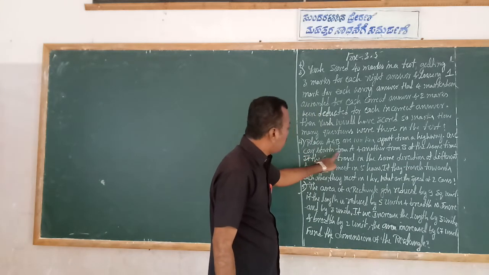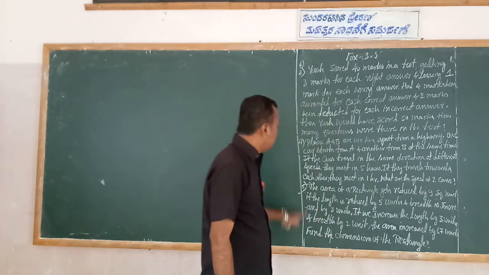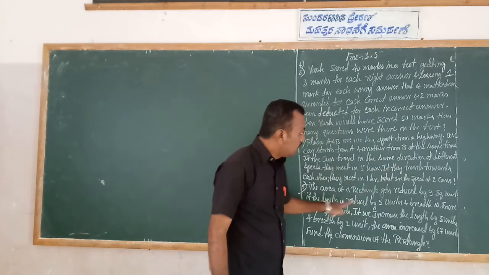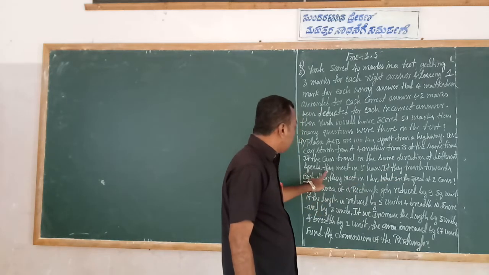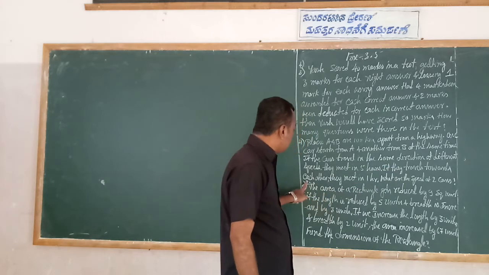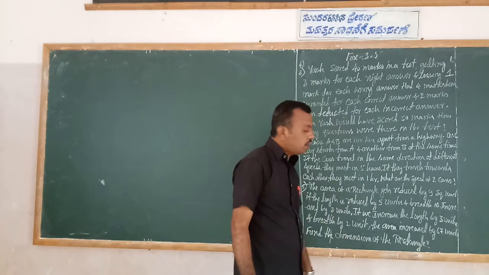One car starts from A and another from B at the same time. If the cars travel in the same direction at different speeds, they meet in 5 hours. If they travel towards each other, they meet in 1 hour. What are the speeds of the 2 cars?